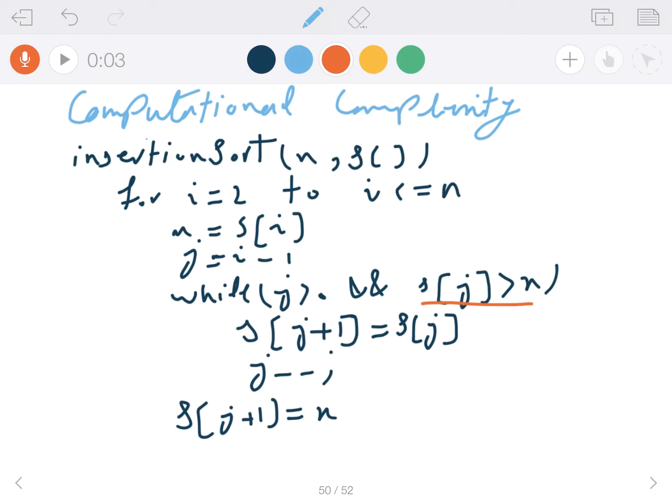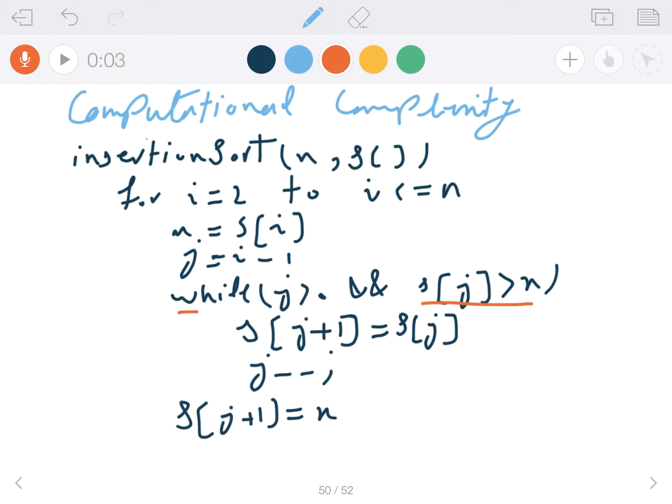When i is equal to 2, the j is at maximum 1, and we have this while loop running until j, one of the conditions is that j is greater than or equal to 0. For having the worst case, all of the values at location j are going to be greater than x.